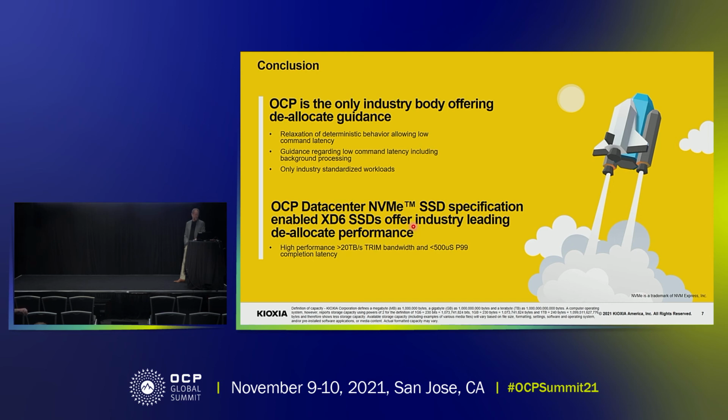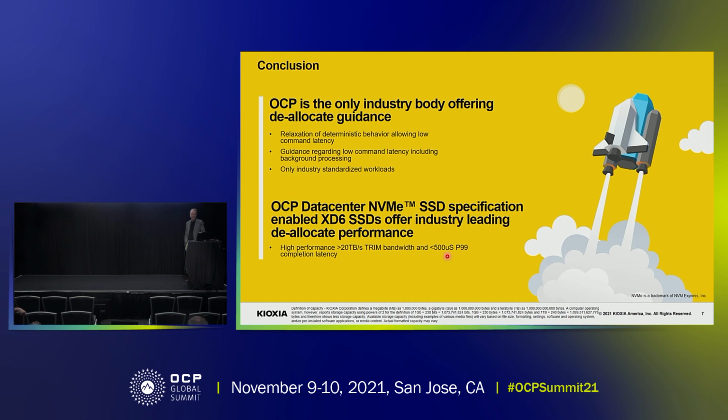And then finally, the Datacenter enabled XD6 drive that KIOXIA is offering has on the order of 20 terabytes per second trim bandwidth and latencies well under 500 microseconds at P99. So maybe the question finally is, what's the value of trim in real workloads?